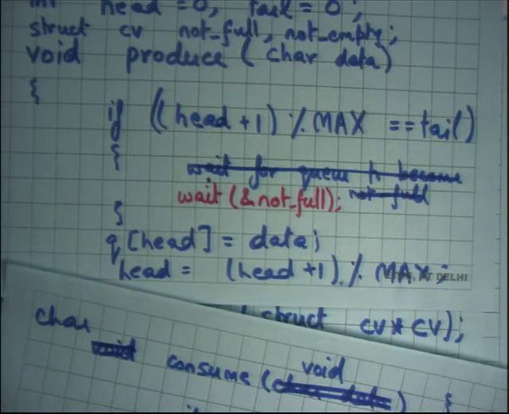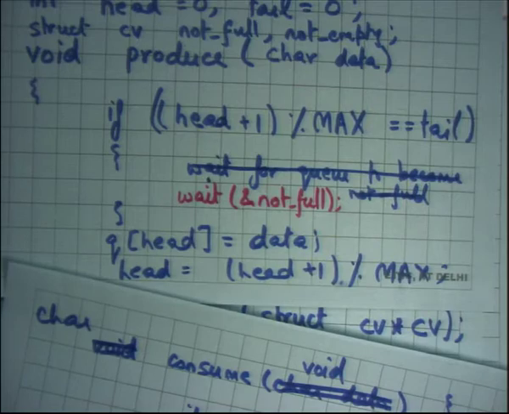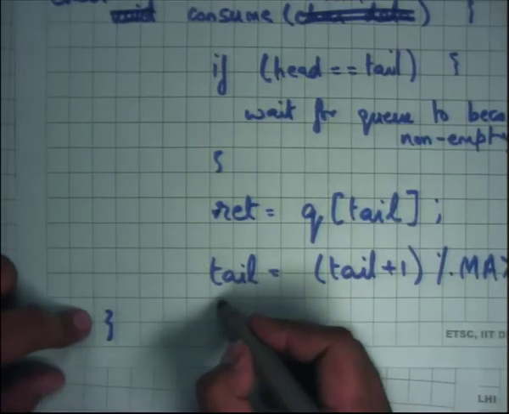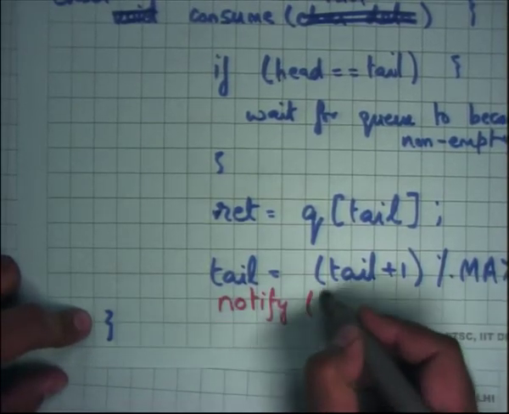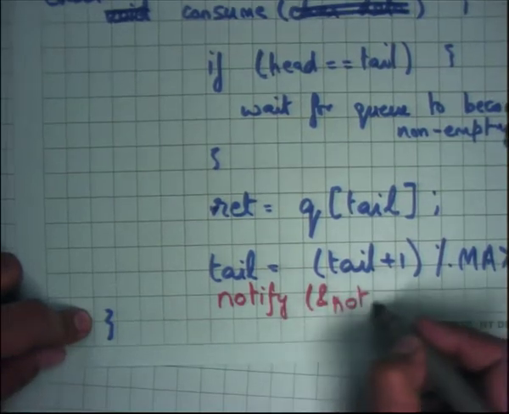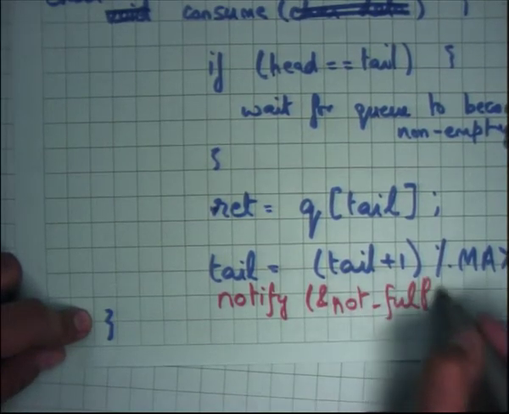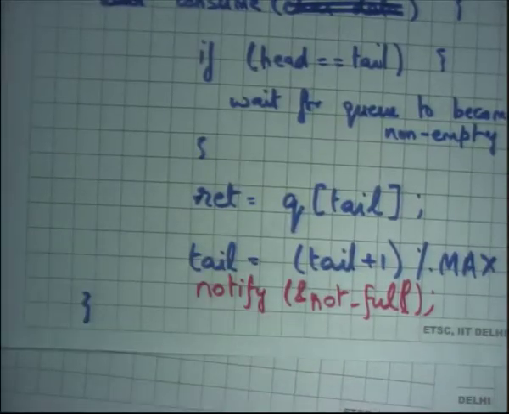Now how am I going to know whether it has become not full? The consumer has to tell me. So the consumer will here say notify not full. That is how you connect the two.